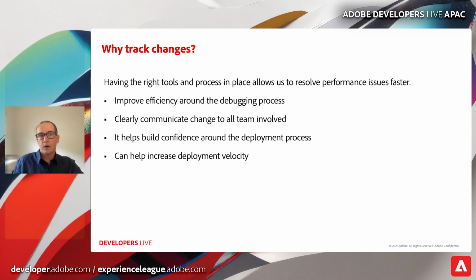And that is hopefully going to, or can, lead to an improvement or an increase to your deployment velocity as well, which is another benefit of adopting a change tracking process within your projects.